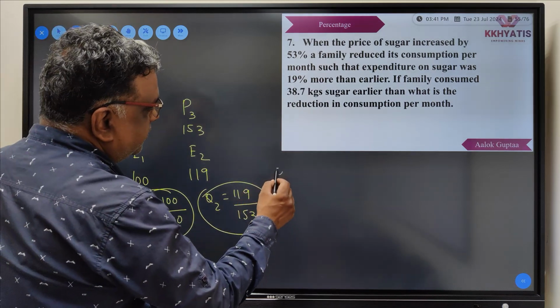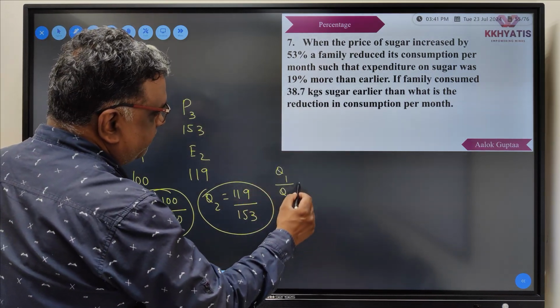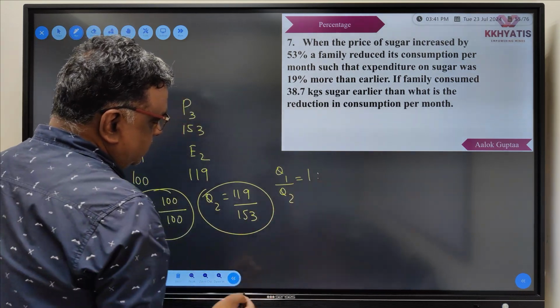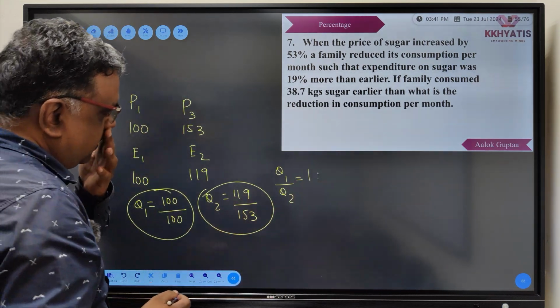So what is the ratio of Q1 upon Q2? 100 by 100 is 1, 1 is to 119 by 153.